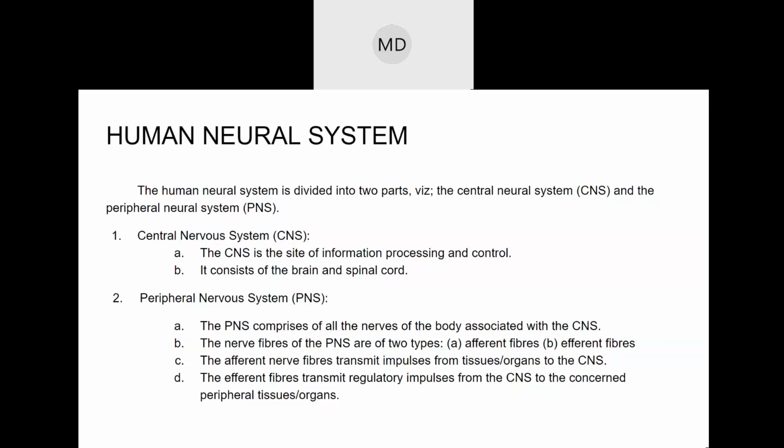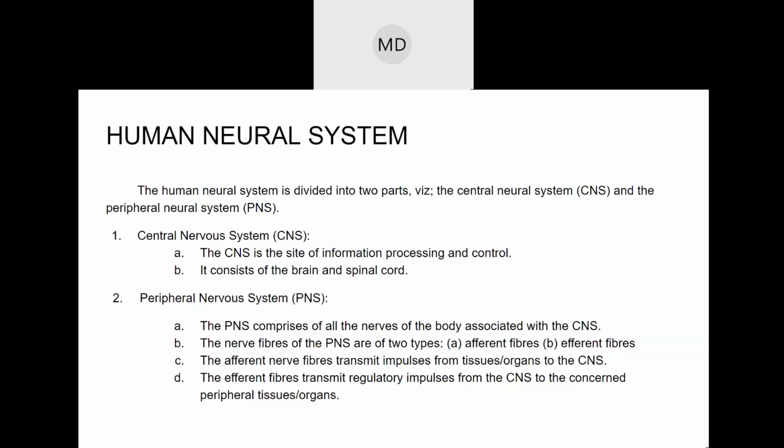Central nervous system, in short CNS, and peripheral nervous system, in short PNS. The CNS comprises the brain and the spinal cord. Just remember that.